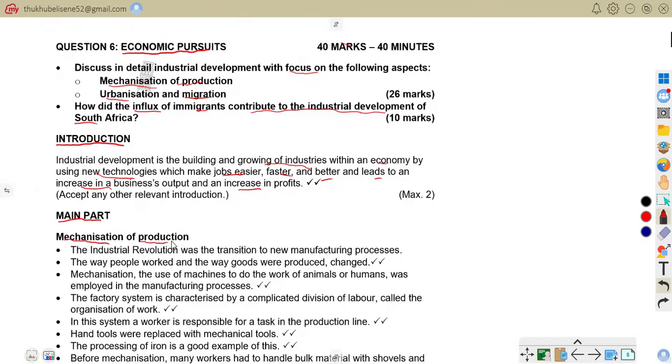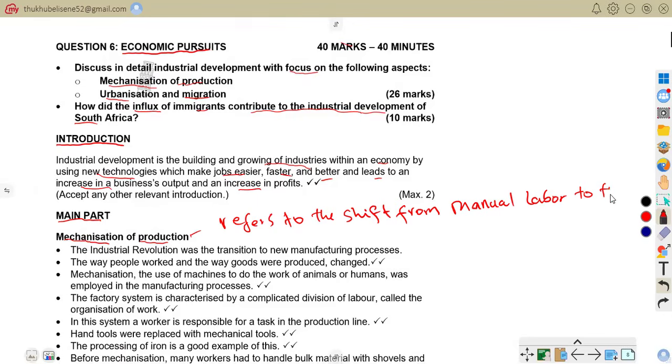Mechanization of production. When you talk of mechanization of production, mechanization in South African industrial development, this refers to the shift from manual labor to machine-based production.